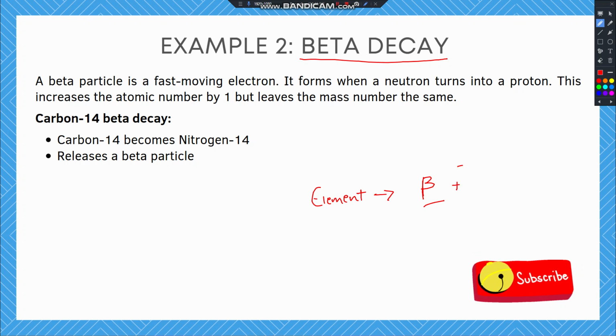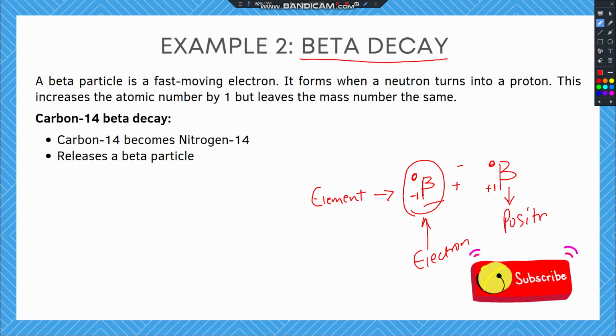In the case where it is negative, it has an atomic number of -1, and it has no mass at all. But in a case where it is positive, it has this symbol and has an atomic value of +1 and no mass at all. So in this case, we're going to be dealing with where the beta particle is negative. When it is negative, it is called an electron, and when it is positive, it is called a positron.